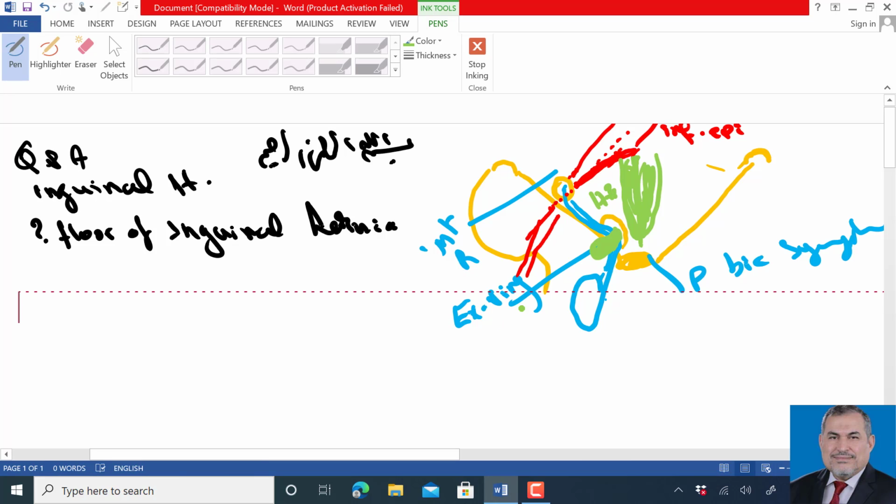Okay, so what are the structures here in the floor?